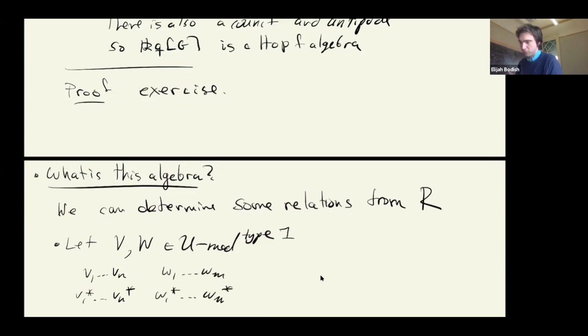So we choose bases and dual bases for these two finite dimensional representations. And then for notational purposes, I'm going to write c_ij as the matrix coefficient corresponding to v_i star and v_j, and d_ij is going to be the matrix coefficient w_i star, w_j.